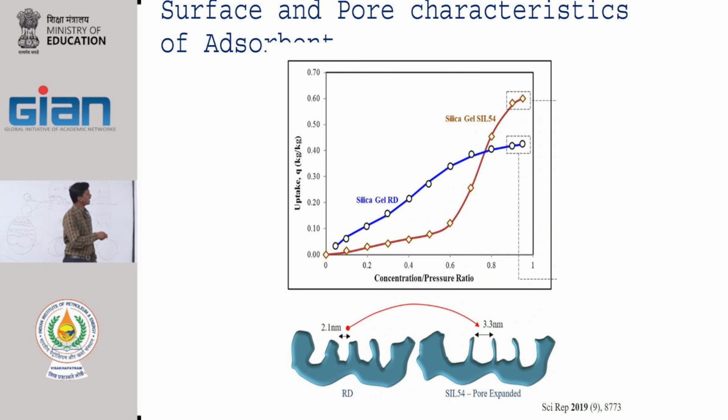But at higher pressures, the one with the bigger pores is adsorbing more. We will see why this is the case. Okay, so why is there a transition, why is this performing better at low pressures, and why is that one performing better at high pressure. Okay.